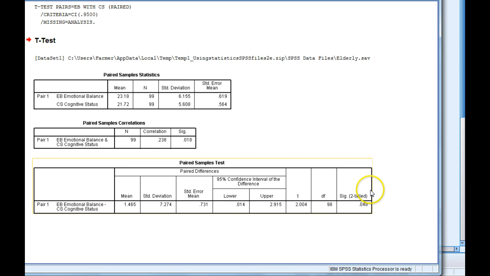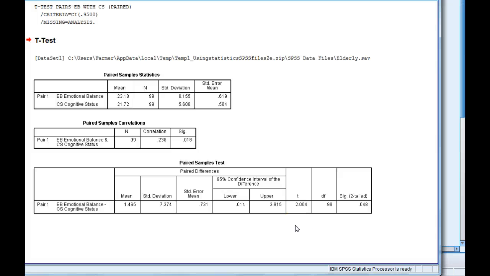But our real interest here is the extent to which there is a significant difference between the means of these two variables. The mean difference is about 1.5 points. Again, we can round that 1.465 to about 1.5. The standard deviation associated with that mean difference, 7.274, standard error of the mean.